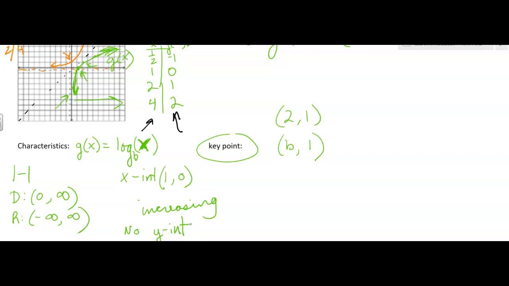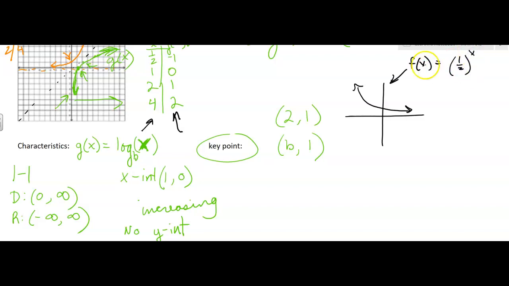And then what happens if we had the base being a fraction? What happens if in your original function you had something like f of x equals 1/2 to the power of x?